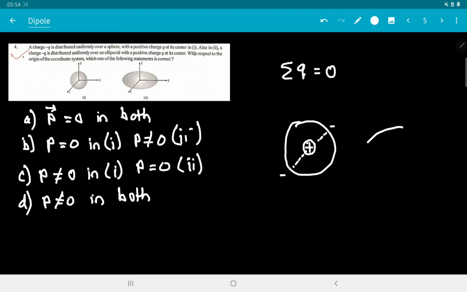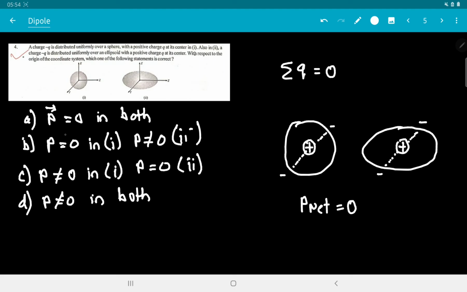Also, in the case of the ellipsoid, you have a positive charge at the center, and if you go in opposite directions, you are going to get a negative charge. That means in both these cases the net dipole moment is going to be 0.